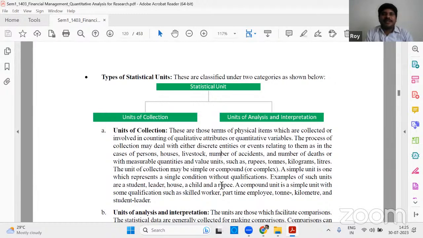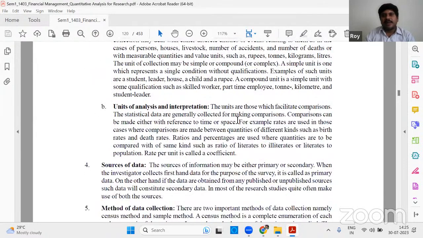The process of collection may deal with either discrete entities or events related to them. These are units of collection. Units of analysis and interpretation facilitate comparison.